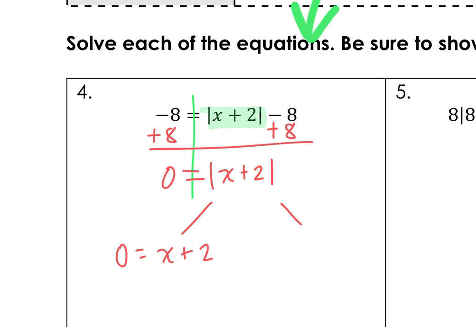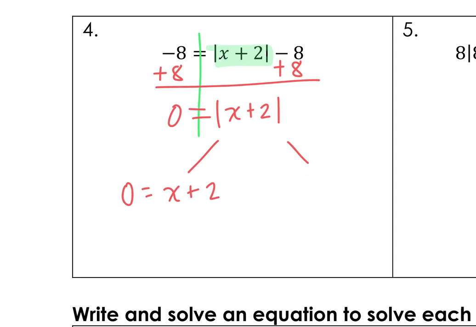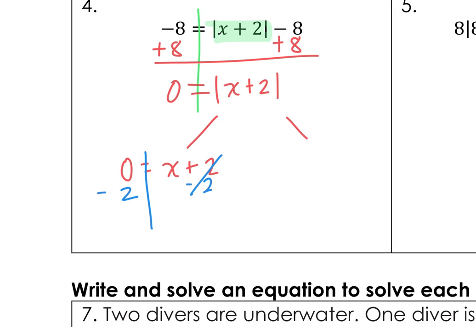So I'm only going to have whatever the solution is to this one equation, which is really easy because then all I have to do to get this x by itself is subtract the 2. So my only solution for x is negative 2. I subtract that 2 from both sides. X is equal to negative 2. That's it. The only solution.